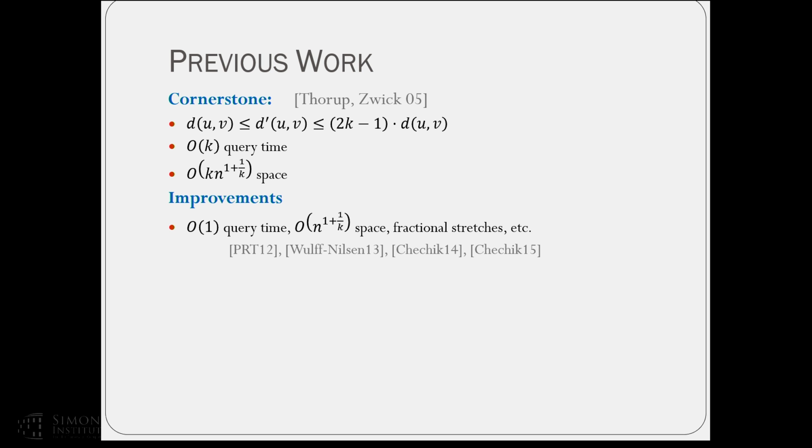And there are some improvements later which improve to O(1) query time and n^(1+1/k) space and some fractional stretches. And all these results either exactly include Thorup and Zwick's data structure or partially include their data structure. So this shows their distance oracle is very important.